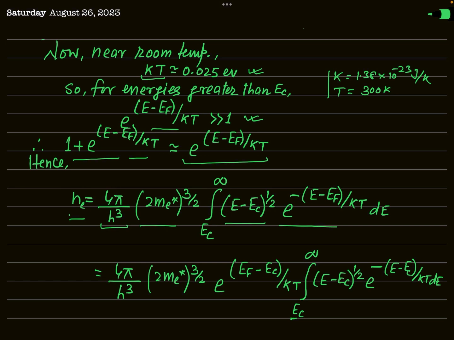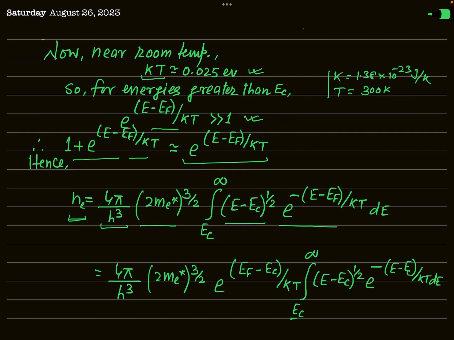Now we have to evaluate this integral to get the value of Ne, which is the electron concentration in the conduction band. And for this we have to cast this integral into a proper form so that integration can be done. And for this we do some simple algebra.